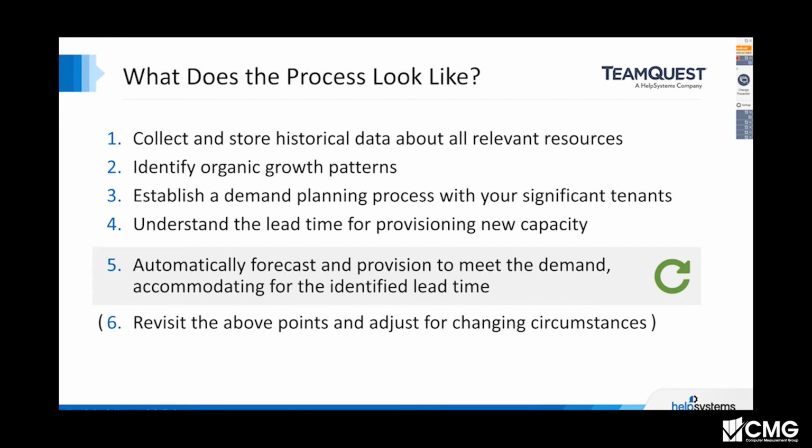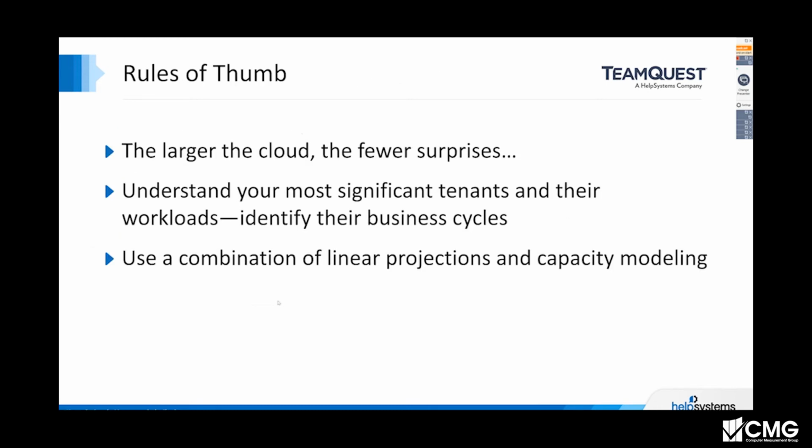So, some rules of thumb for managing a private cloud, based on what we've seen with customers we worked with. The larger the cloud, the fewer surprises. If you have a large-scale private cloud implementation, each tenant and each specific business event or launch of a new application will have a smaller impact because of the size of the whole.